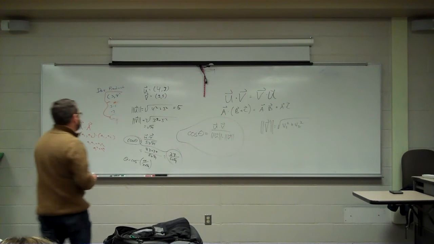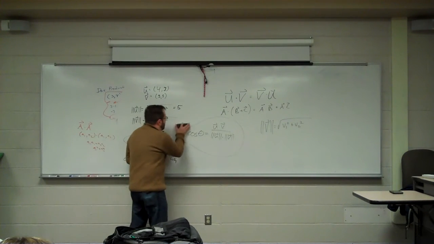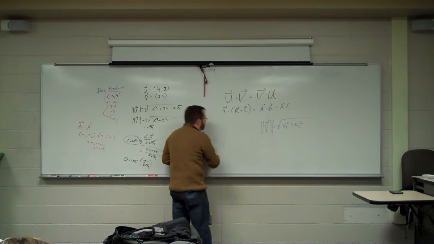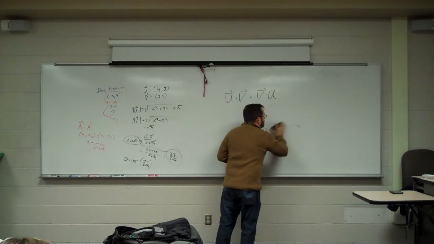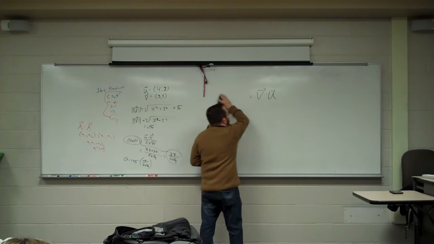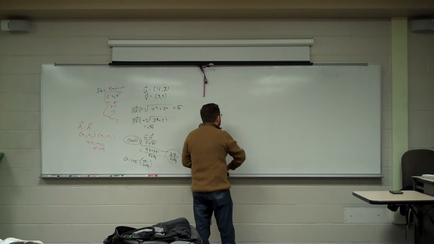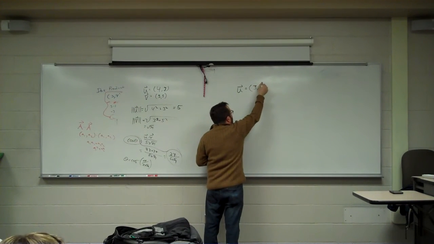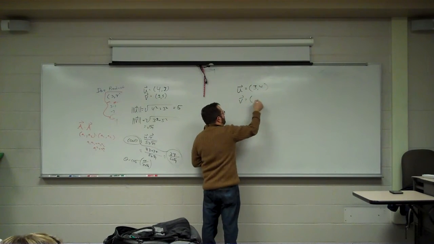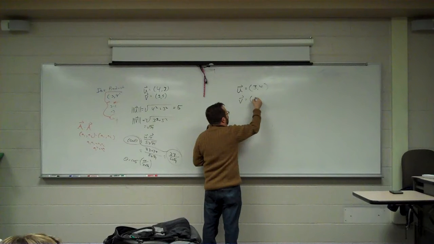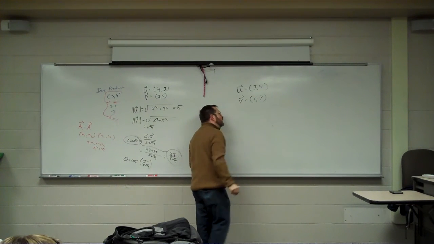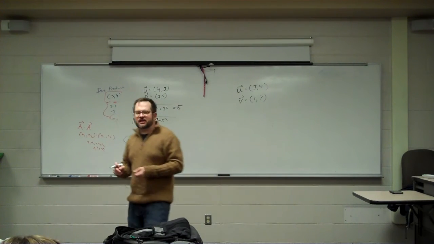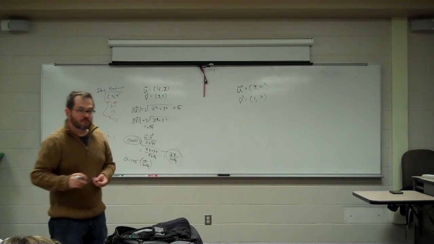Hey, by the way, your book does throw a trick at you. We had that nifty idea about testing if two vectors are orthogonal or perpendicular to each other. The book does throw you some problems that are like, here's one vector, u, let's just say it's 3, 4, and here's part of another vector, let's call it 1, whatever. What would the value of this need to be for these two vectors to be perpendicular to each other?